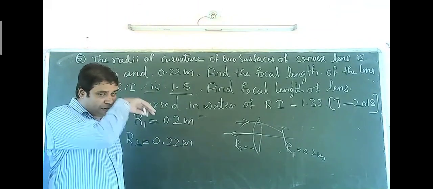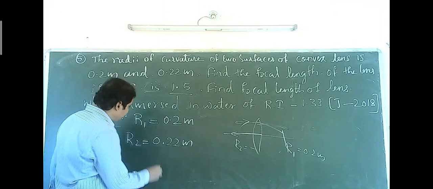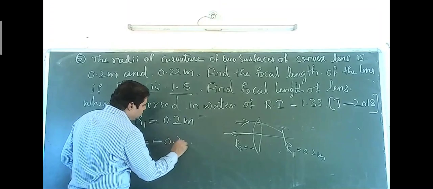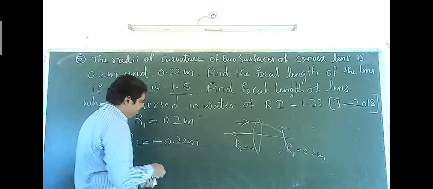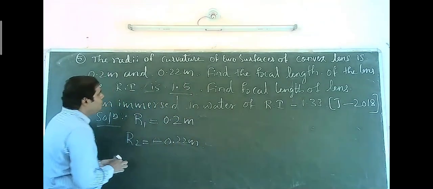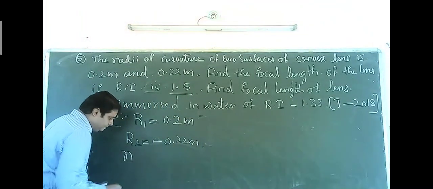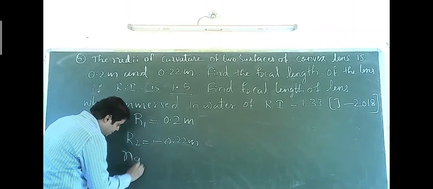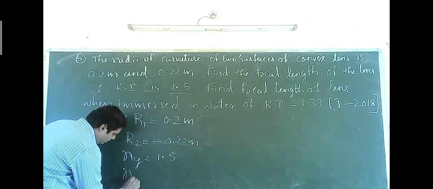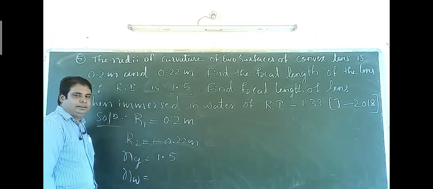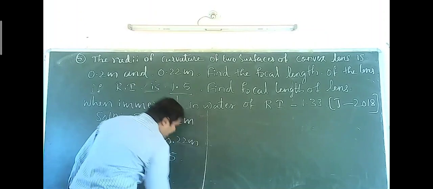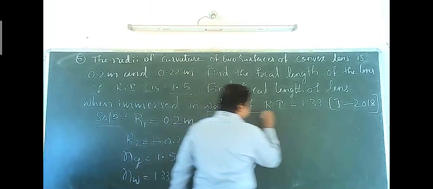So this will be minus 0.22 meter. Refractive index of glass is given as 1.5. Refractive index of water is also given as 1.2. Okay.